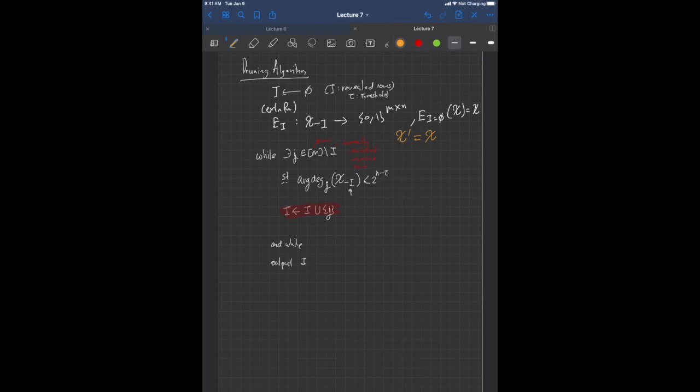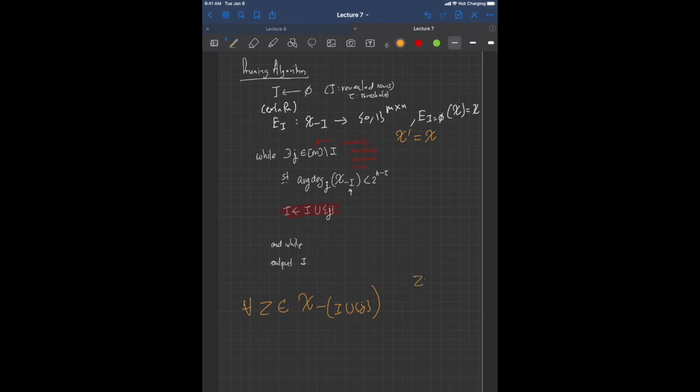So for every partial matrix z in X minus I union j, these are the partial matrices where the set I and the row j are removed, we would choose one of its neighbors.